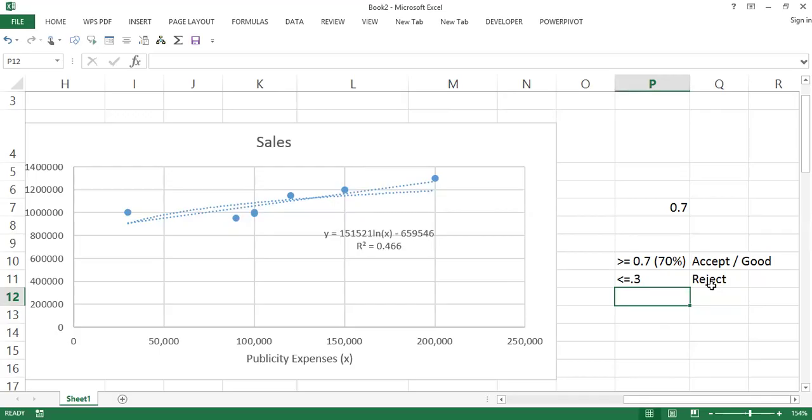If it's in the range of 0.3 to 0.7, and when I say 0.7, I mean just less than 0.7, within that range, review.